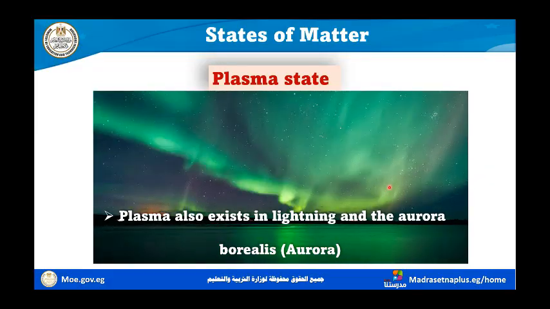In this phenomenon, we can observe what the plasma state looks like, in which the particles exist as ions, positive ions and negative electrons, and cause this wonderful, amazing phenomenon.